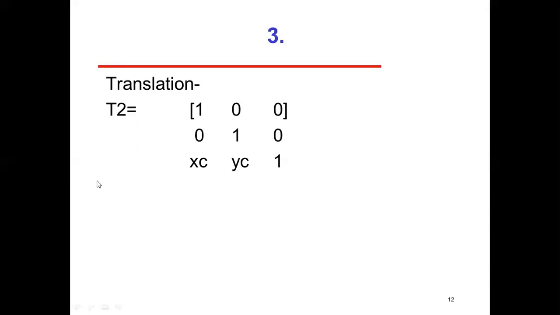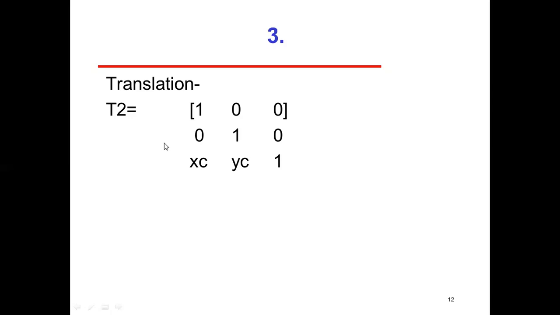You have already seen this in the diagram. So in the third step we are returning from the origin to the arbitrary point.